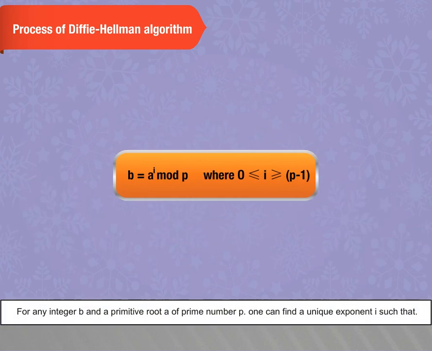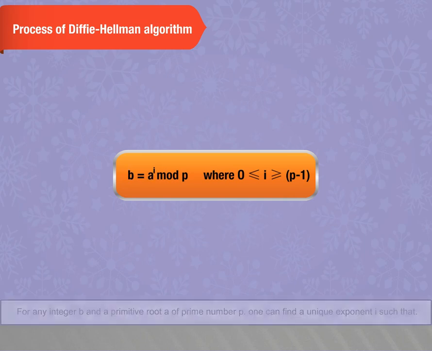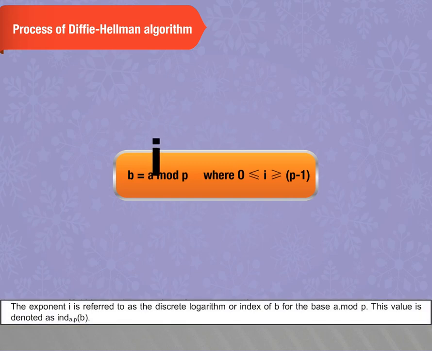For any integer b and a primitive root a of prime number p, one can find a unique exponent i such that b is equal to a to the power i mod p, where 0 is less than or equal to i which is less than or equal to p minus 1. The exponent i is referred to as the discrete logarithm, or index, of b for the base a mod p. This value is denoted as ind a,p of b.